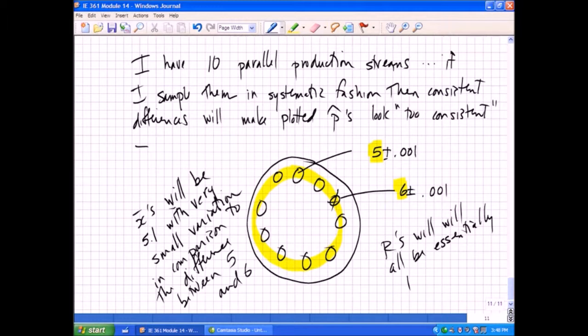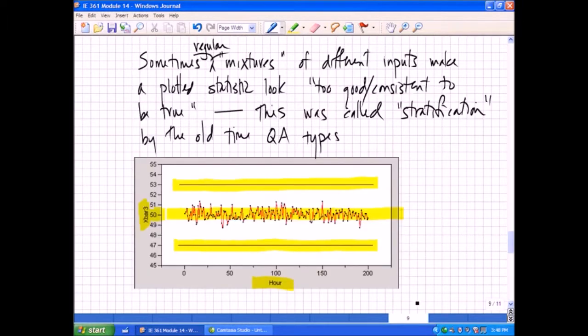The point is that if I have variation that's too small, one thing that might be going on is I might be sampling upstream different product streams in a systematic way, measurably different product streams, producing too little variation in a plotted statistic.